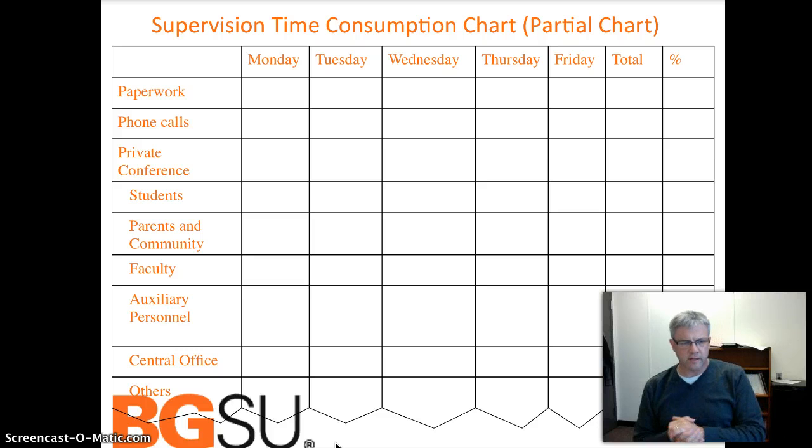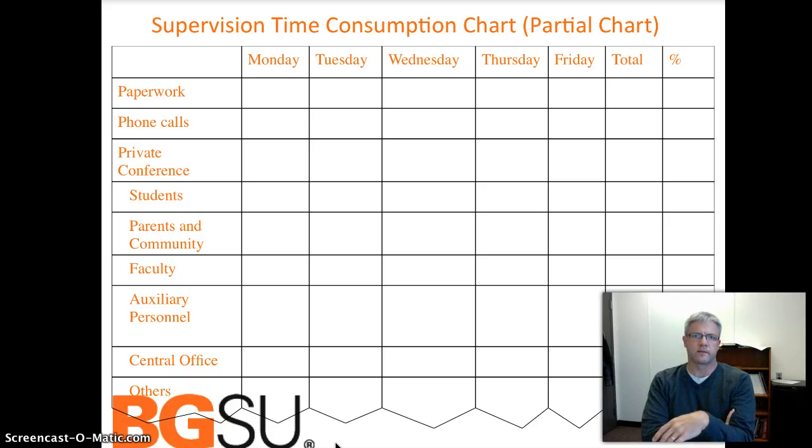So this is a chart that actually isn't in chapter 12 in the text, but was part of an older version of the Glickman book. And this is an interesting kind of exercise to think about, is how throughout the week, what amount of time we are spending on various tasks. And I know that for myself as a principal, I found myself doing a lot of other things, right?